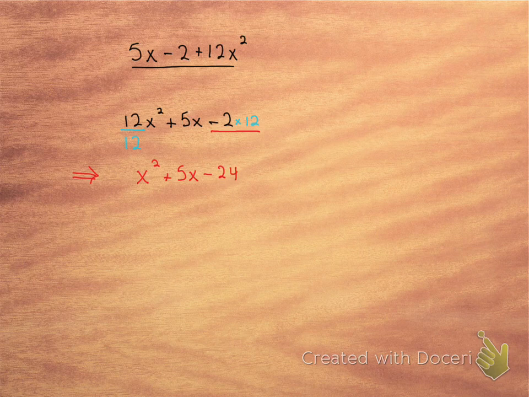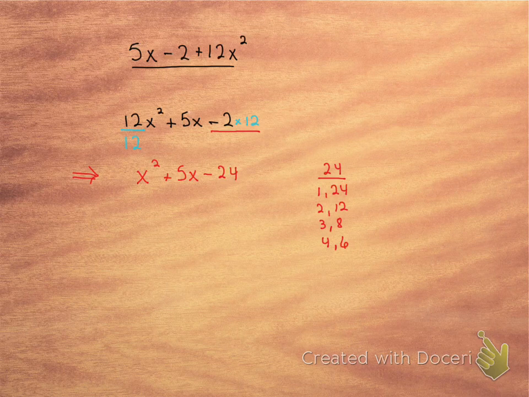So we're going to go to the side, and take all the factors of 24. 1 and 24, 2 times 12, 3 times 8, and 4 times 6. And one of those combinations is also going to combine to give us a positive 5.